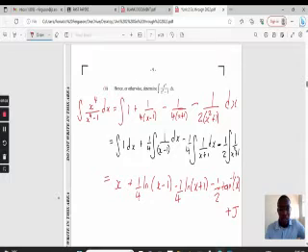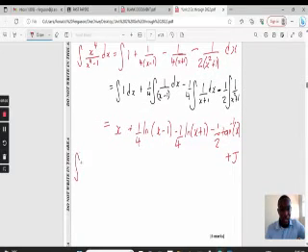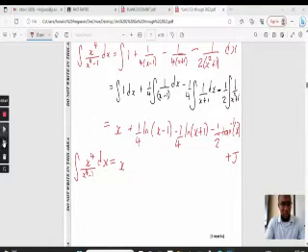Now I don't like how this looks. I can leave it as the integral of x to the 4 over x to the 4 minus 1 dx. I will write this as x. Alright, so continuing on this page, we had x plus ln.